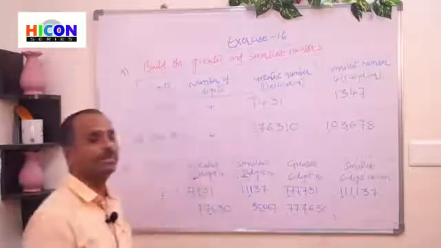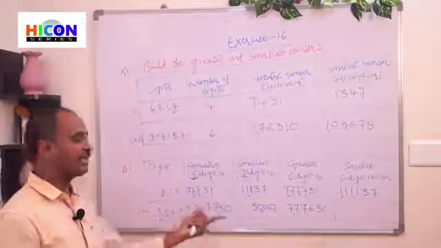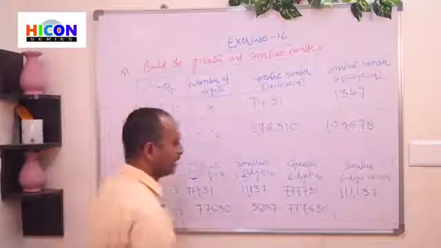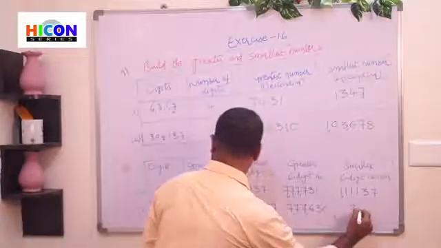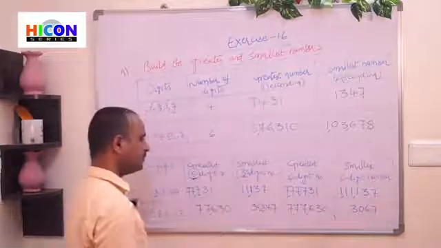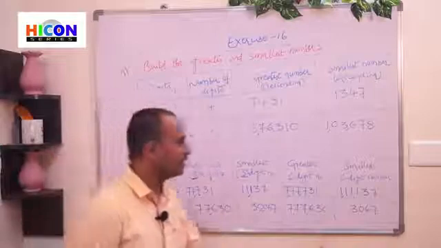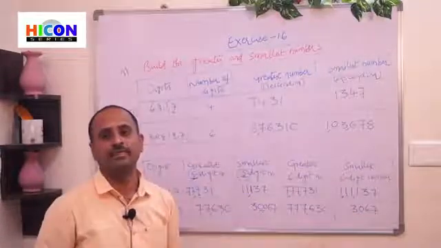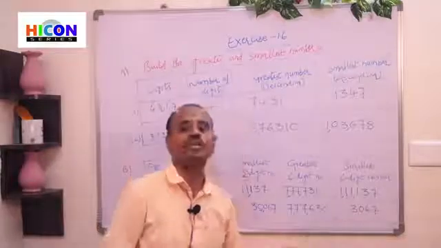Next, the smallest number. Smallest number means arrange the given digits in ascending order. If you arrange the given 4 digits in ascending order, we will get 3,067. This is a 4-digit number, but we want a 6-digit number. That means we want 2 more digits.